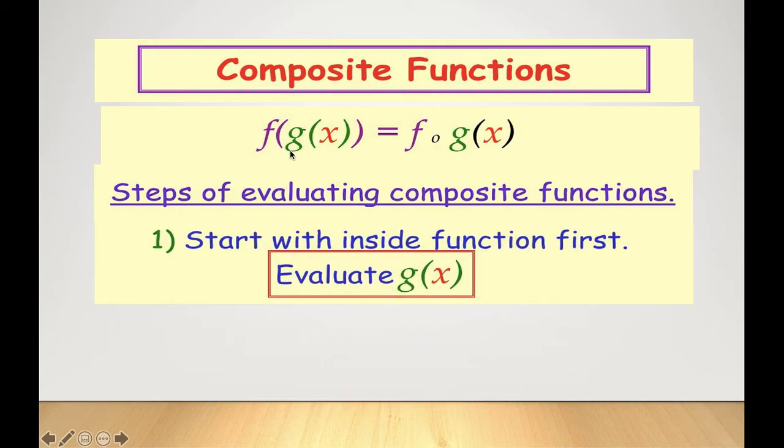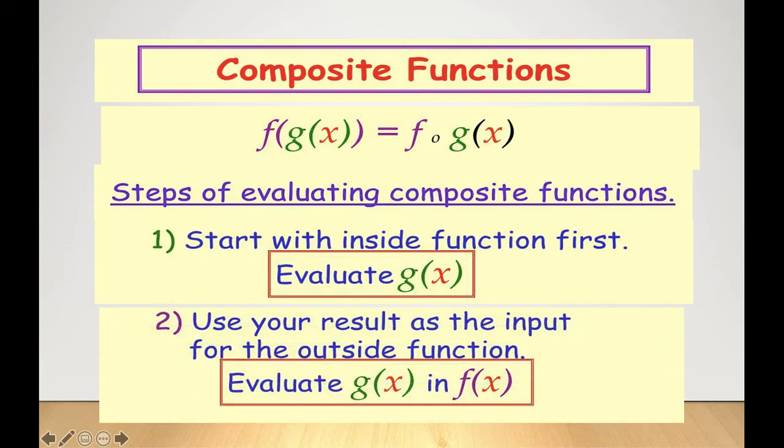Whatever is the inside function, start with that. Here the inside function is g of x, so start with g of x. After that, when you evaluate g of x you get a result. Use that result as the input for the outside function.